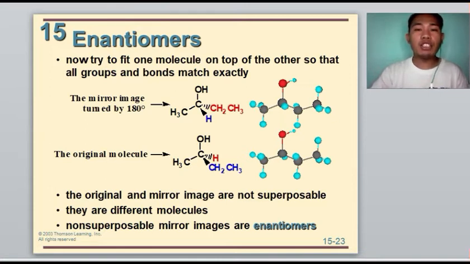The CH2CH3 group is toward us in the original but away from us in the mirror image. We conclude that the original molecule of 2-butanol and its mirror image are non-superposable and therefore they are different compounds.